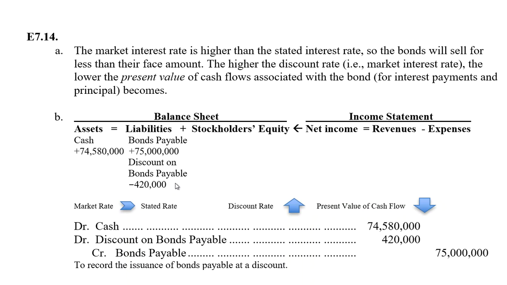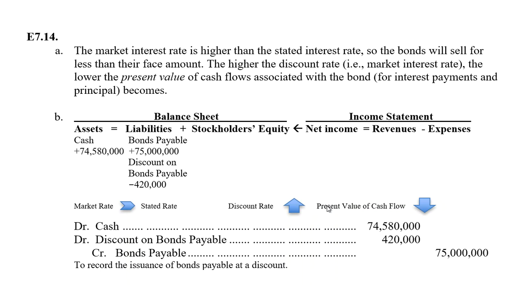Okay? So I want you to realize that whenever the market rate is above the stated rate on the bond, then the discount rate is considered higher, and the higher it goes, the lower your present value on the cash flow goes.